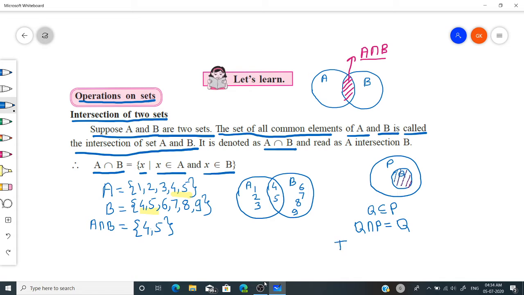This property is in this way: if Q is subset of P, then Q intersection P is equal to Q.